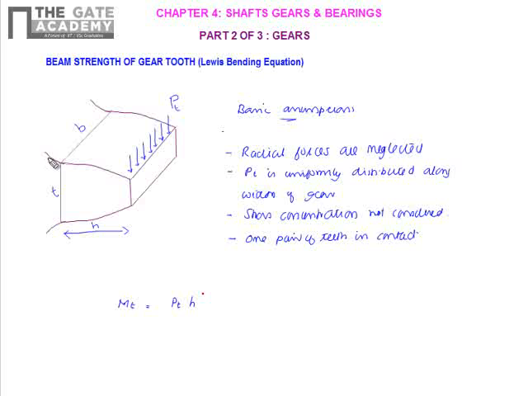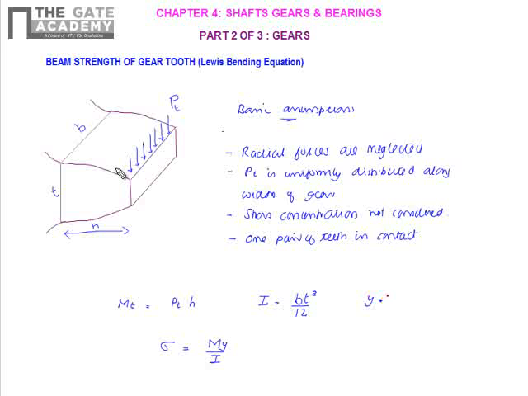And what will be the moment of inertia? If the cross section is a rectangle of width b and thickness t, the moment of inertia will be bt cube by 12, and therefore the bending stress sigma will be given as My by I. And what is y?